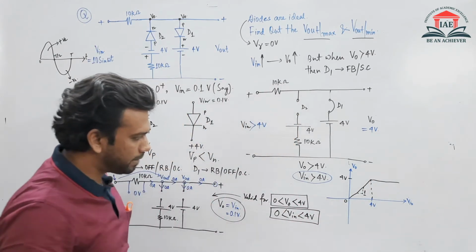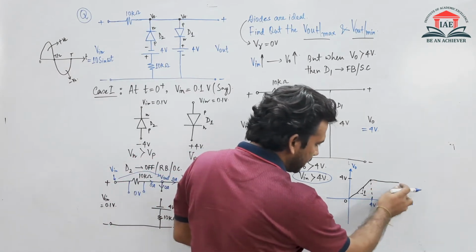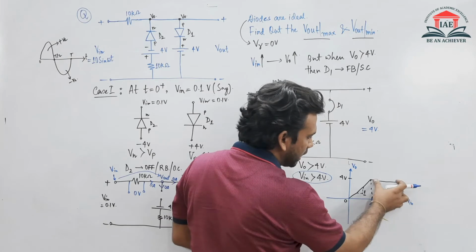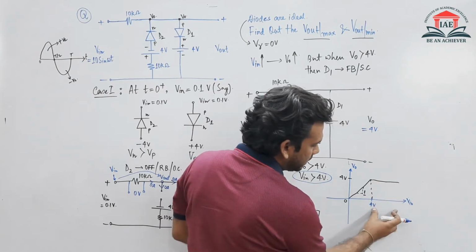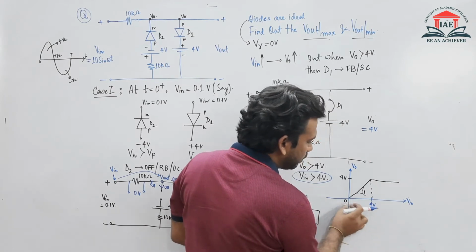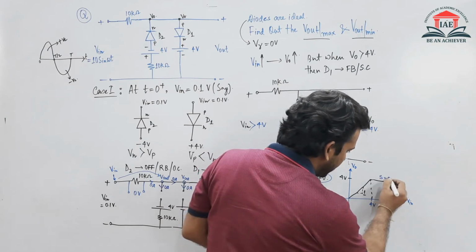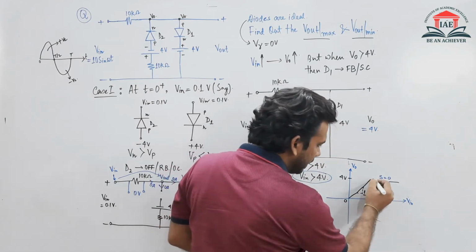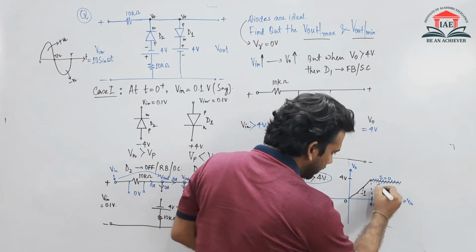Now in this positive half cycle, what you can see is that the slope of this transfer characteristics is 0 when the input voltage is greater than 4 volt. But there is a slope between 0 to 4 volt. So whenever the slope is 0, that means the clipping operation is happening here.